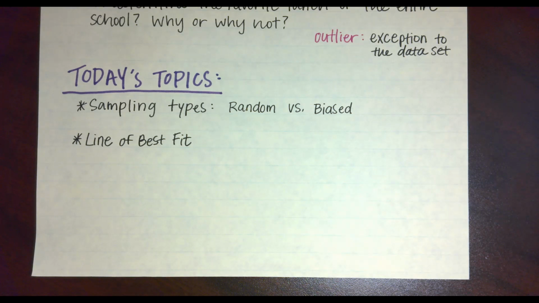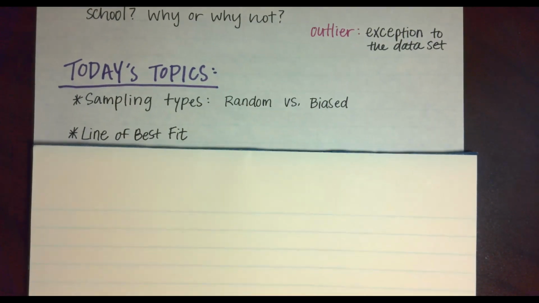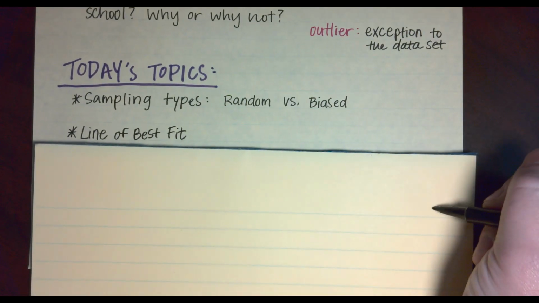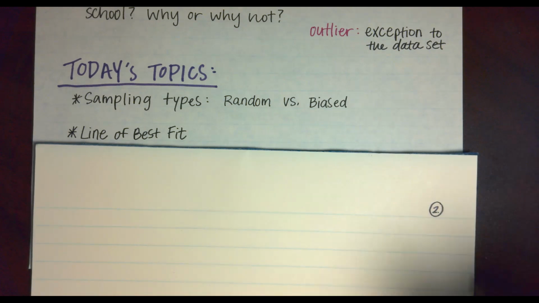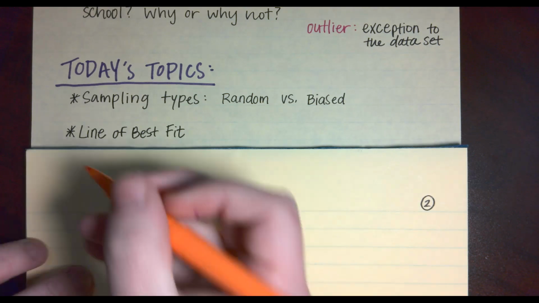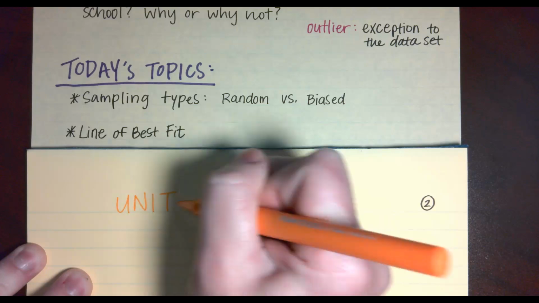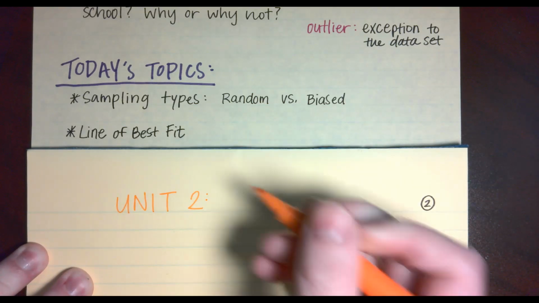And I'm going to start a new page of notes here. So if you are done with that, you can do what I'm doing. Okay. And this is Unit 2. Statistics.